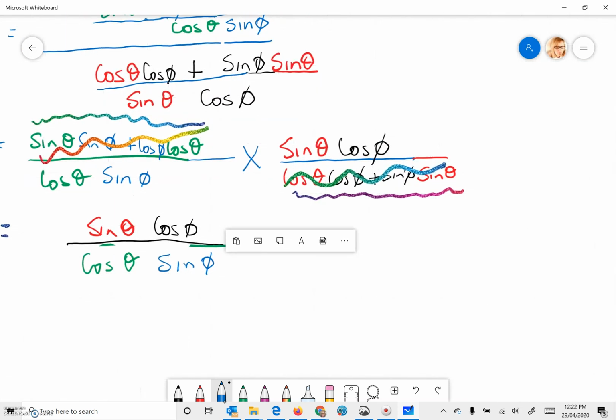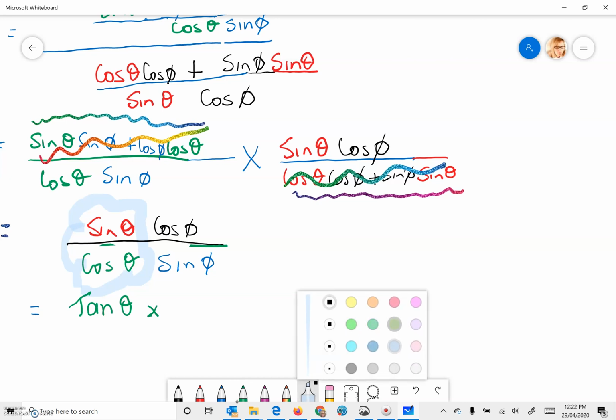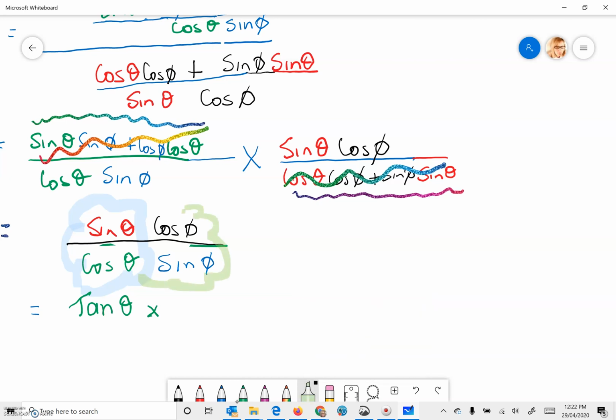Now, looking a bit familiar here, I can think of this as, look at this one here first. Sine theta over cos theta. Pretty sure that is a tan theta. So that one is tan theta. And then you're multiplying that one by this one here.